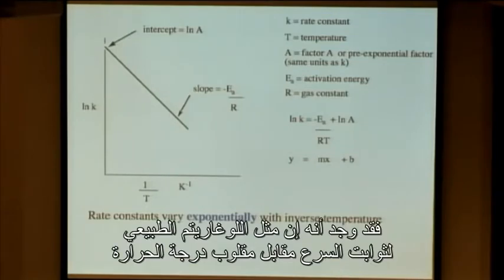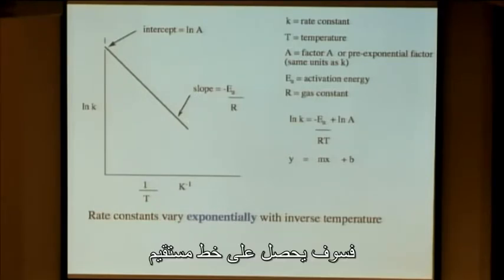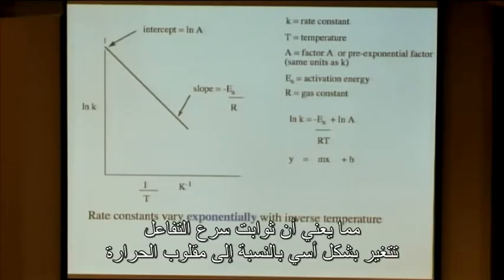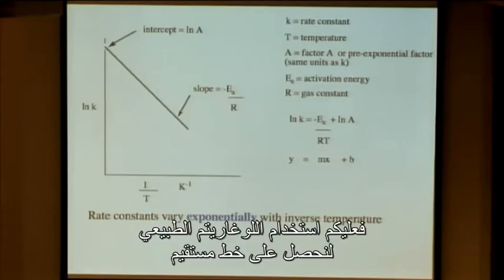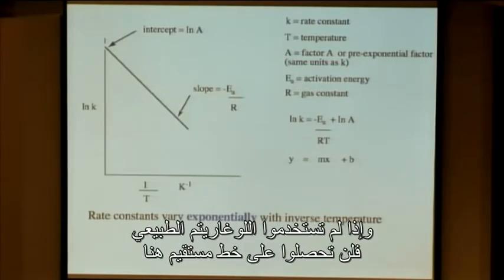He found that if he plotted natural log of the rate constants versus 1 over temperature, so the units are Kelvin to the -1, he got a straight line, which means that the rate constants are varying exponentially with inverse temperature. So you have to use the natural log to get a straight line. If you don't use natural log, you wouldn't get a straight line here.